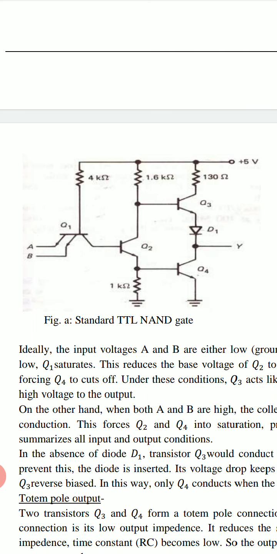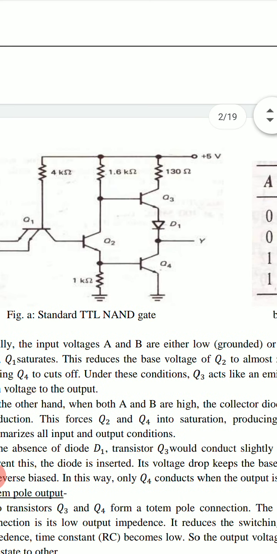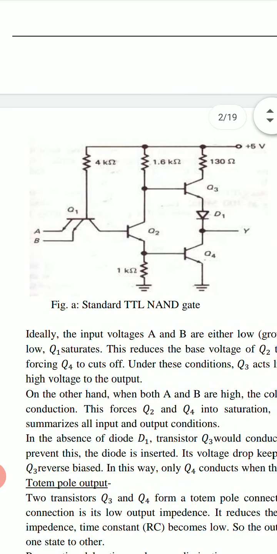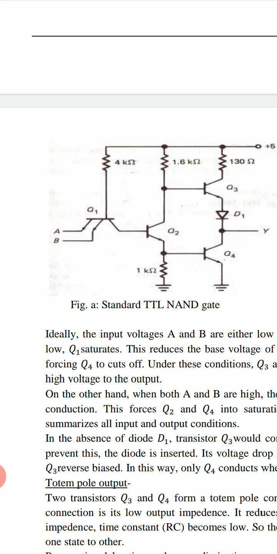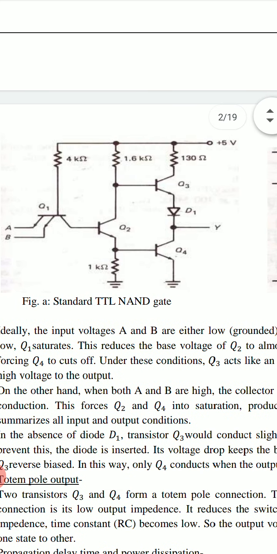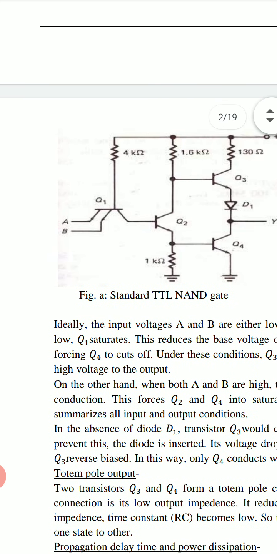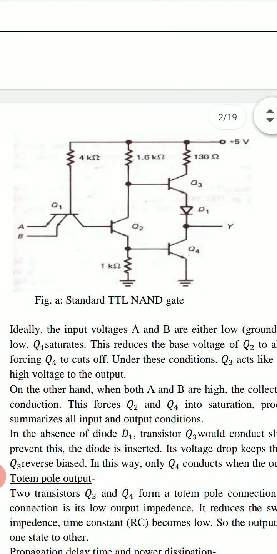When Q1 has only 1 emitter, there is only 1 input, and if that input is low, we get high output Y, and if that input is high, we get low output Y. So if only 1 emitter for transistor Q1, this circuit behaves as NOT gate.